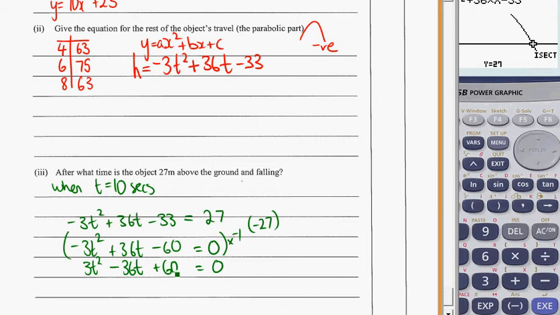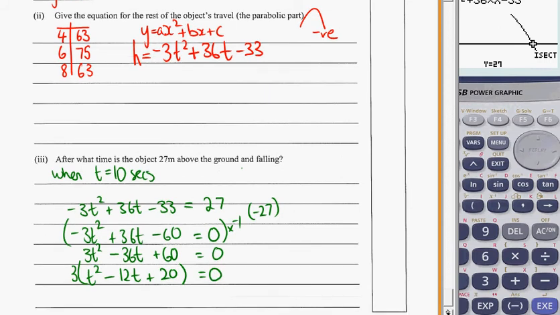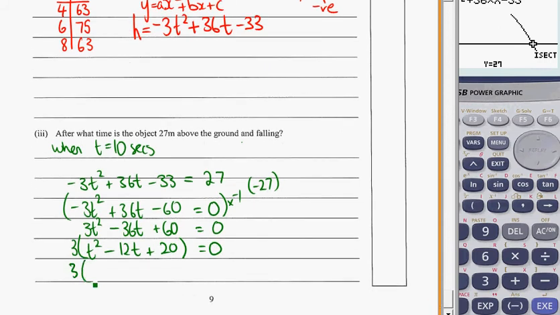Now they all have a common factor of 3 actually, so we could pull that out the front. 3's into 36 go 12, 3's into 60 go 20, and now I might be ready to factorise the quadratic. Two things that multiply to give me 20, 2 and 10, and to get negative 12 they'd both need to be negative, so t equals 2 and 10.